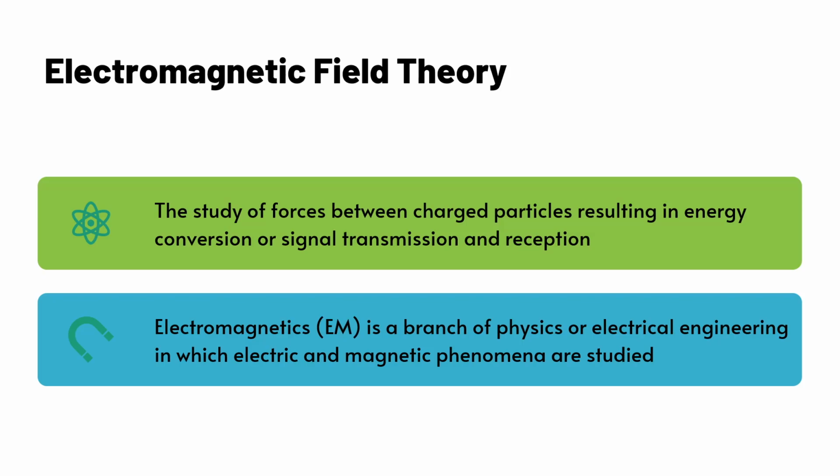How do we transmit it using transmission lines? Electromagnetics is a branch of physics or electrical engineering and electronics engineering in which the different electric and magnetic phenomena are studied. In this course, we would also be talking about transmission lines and the Maxwell's equations that govern electromagnetic waves.